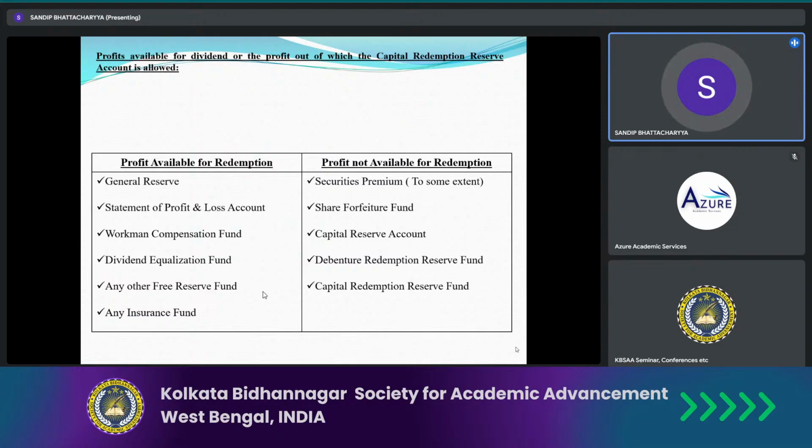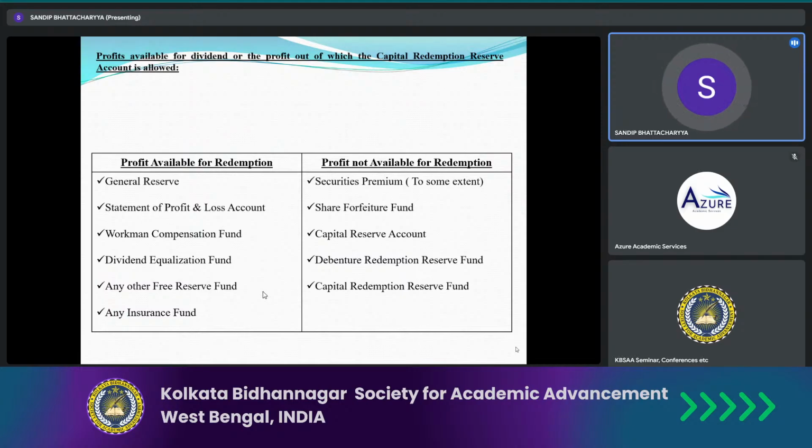The general reserve, that is the common reserve fund; the statement of profit and loss account; the workmen compensation fund; the dividend equalization fund; any other free reserve fund; any insurance fund. Now this list is not exhaustive.